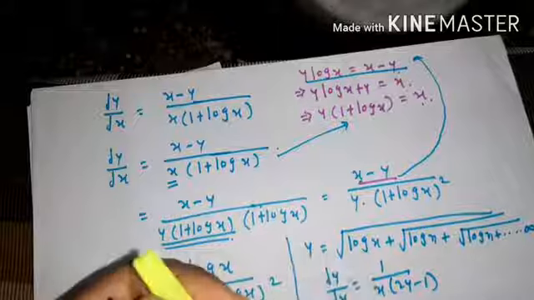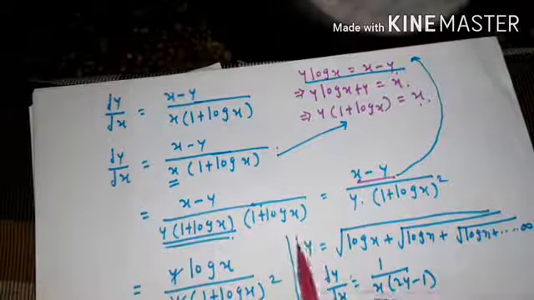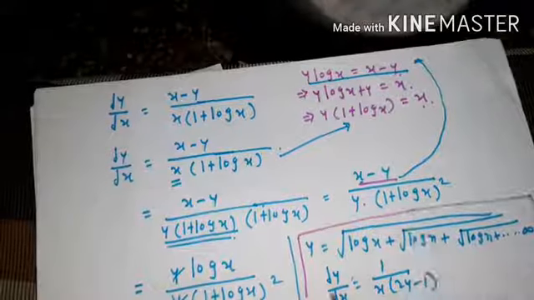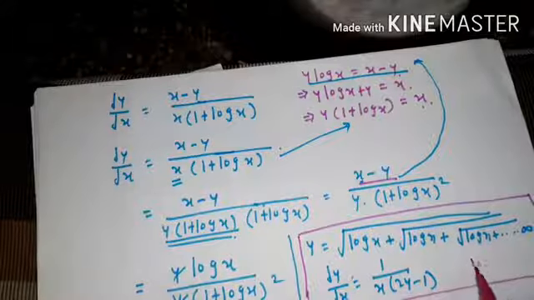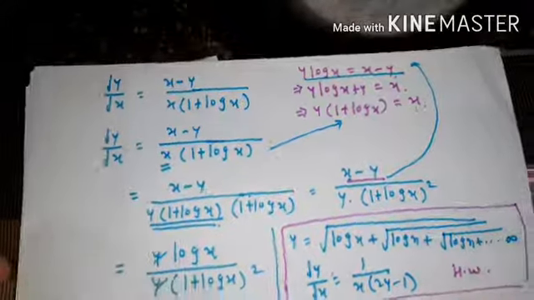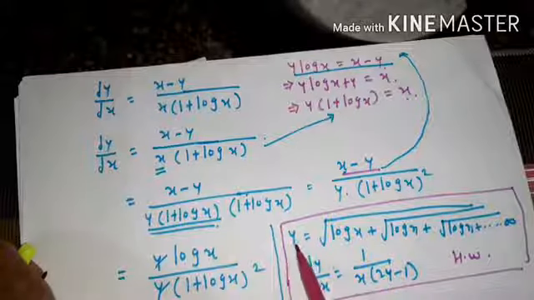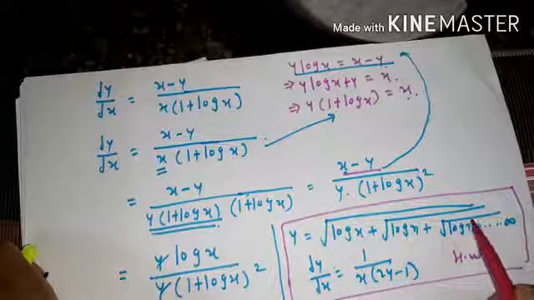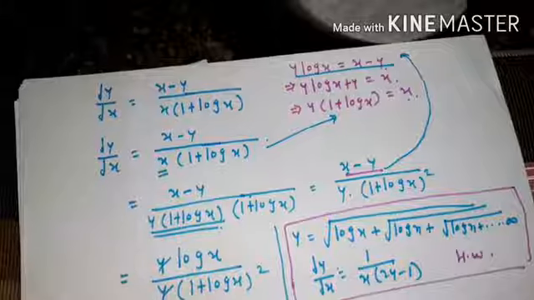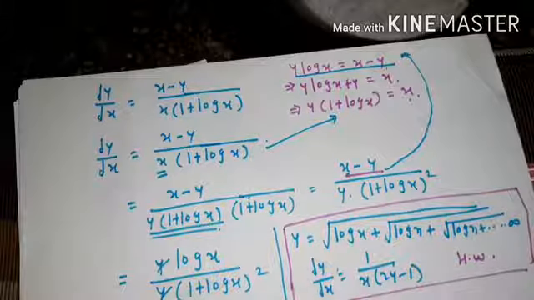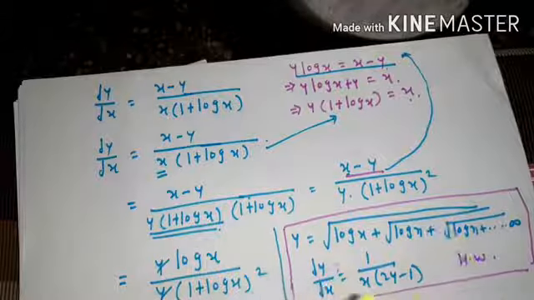This is the problem for homework. Here, squaring on both sides, you will get y square equal to log x plus y, and differentiate. This is the hint. Please try to solve the problem.